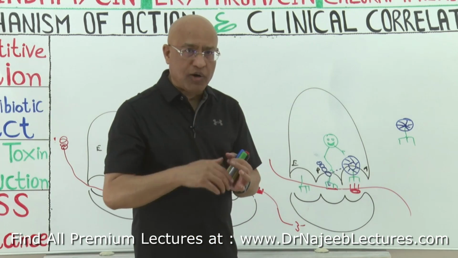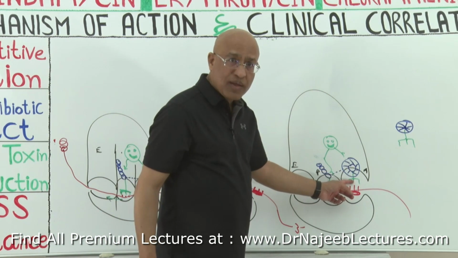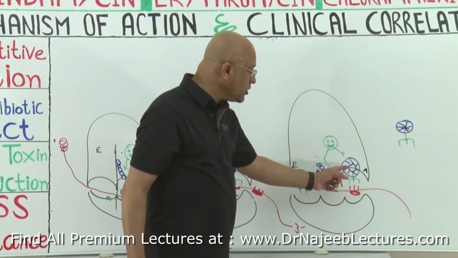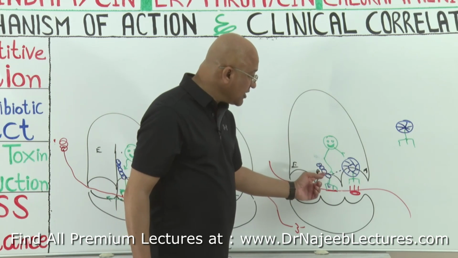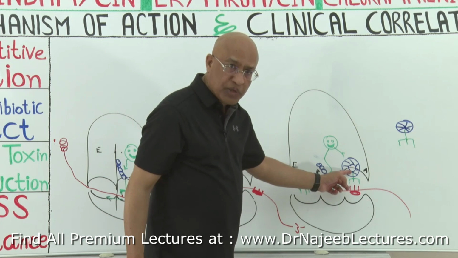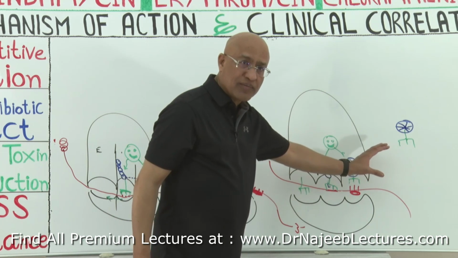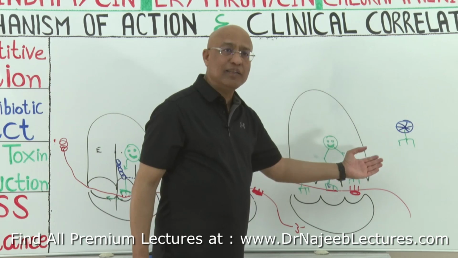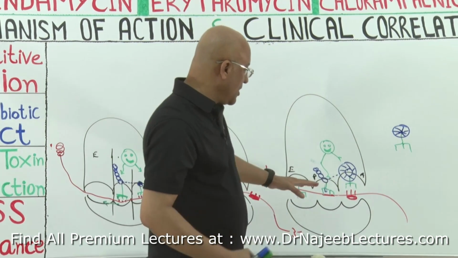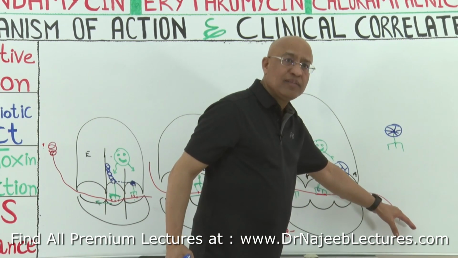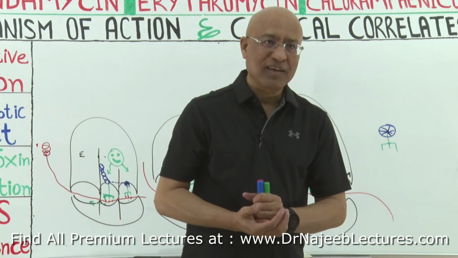Now listen, there is a cycle: arrival of the aminoacyl transfer RNA, then peptide formation between the new amino acid and the nascent peptide chain, then transfer of the peptide chain to the new amino acid, and after that translocation, and then arrival again, and the whole cycle repeats. This cycle keeps repeating as the ribosome keeps moving until it reaches the termination codon, the stop codon.